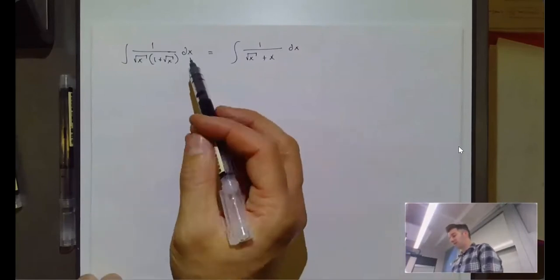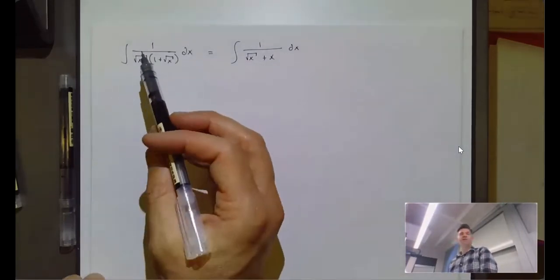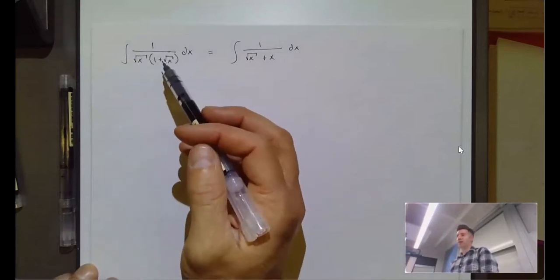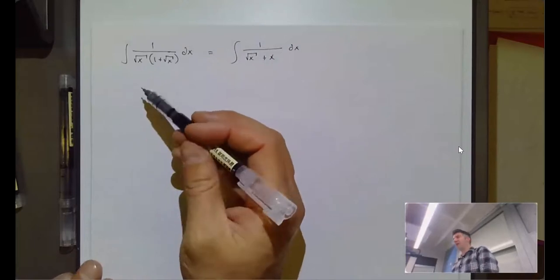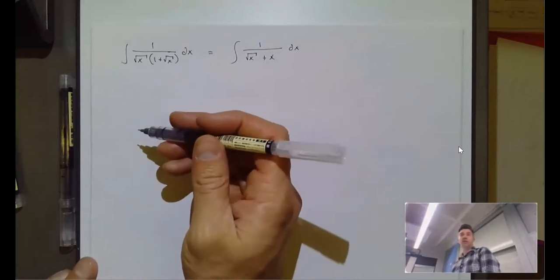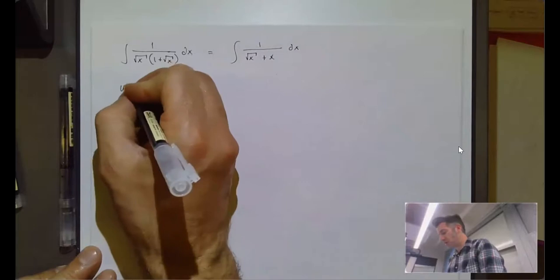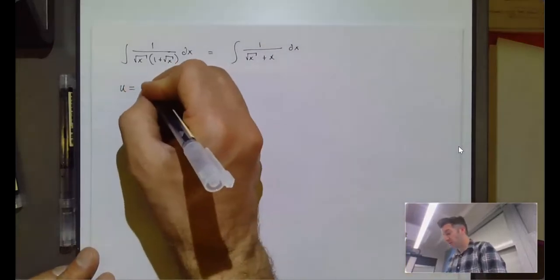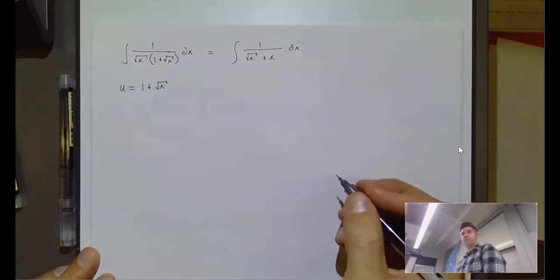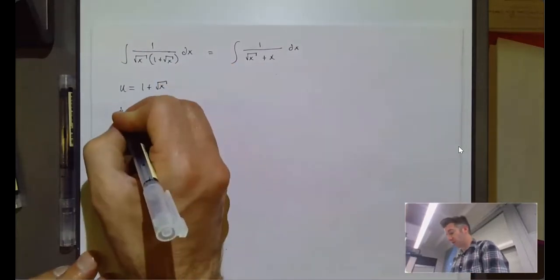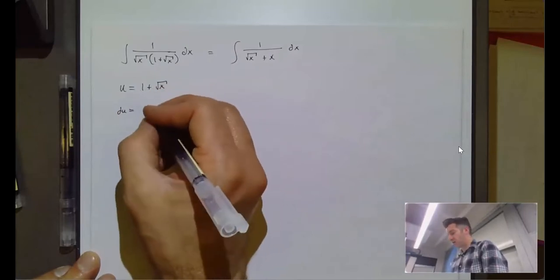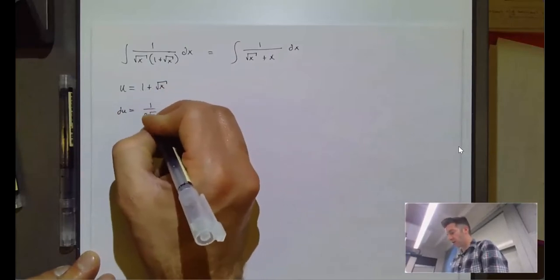When it's written this way, it's kind of written with a hint in it. You might think, well, I might have a choice here. I might try letting u equal the stuff inside the parentheses, like 1 plus the square root of x. And then our du is going to be, though the derivative of 1 is 0, the derivative of root x is 1 over 2 root x.